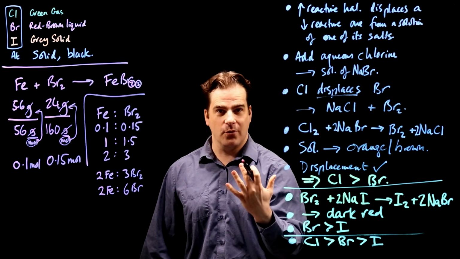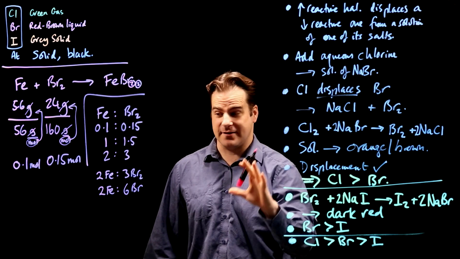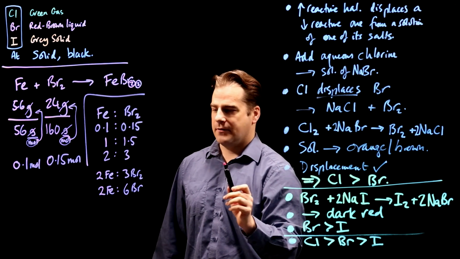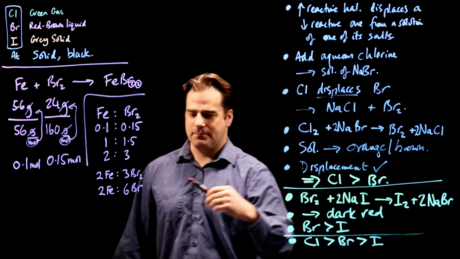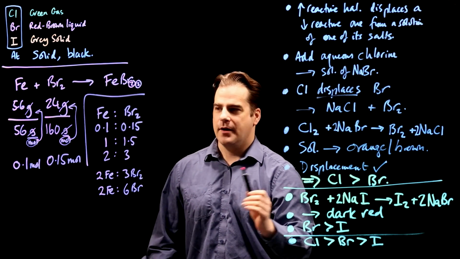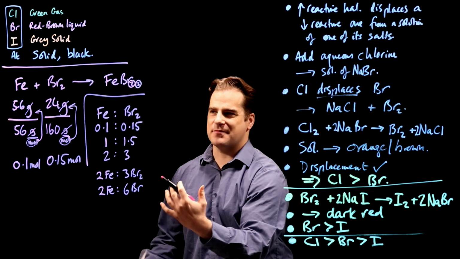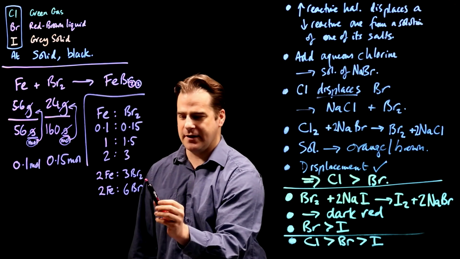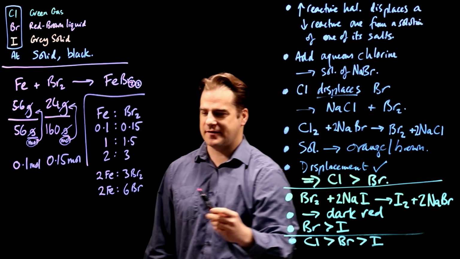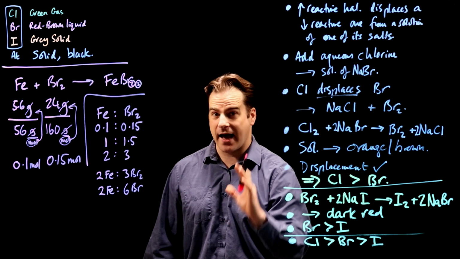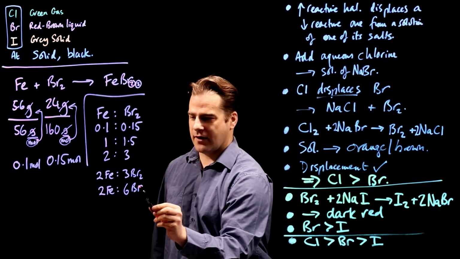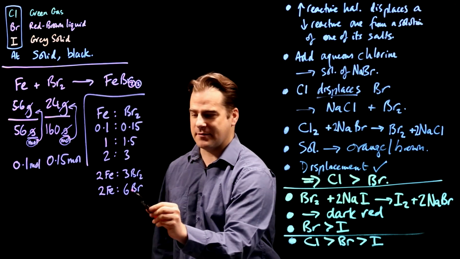Now, I know I keep banging on about it's important not to confuse the big numbers with the little numbers. You can't just magically, in a chemical reaction, turn a little number into a big number. But this isn't a chemical reaction question, it's ratios, okay? The reason I've removed that 2 and turned it into a 6 is because we're interested in the ratio of atoms here. I'm not saying 3 Br2 molecules is the same as 6 bromines.